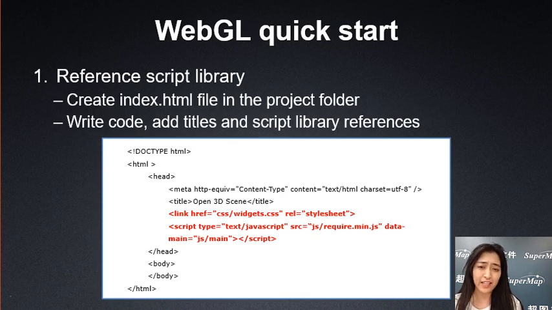Okay, and then you should create the index.html file in the project folder, and then write the code and add the title and script library reference. So link the CSS, and the main.js.